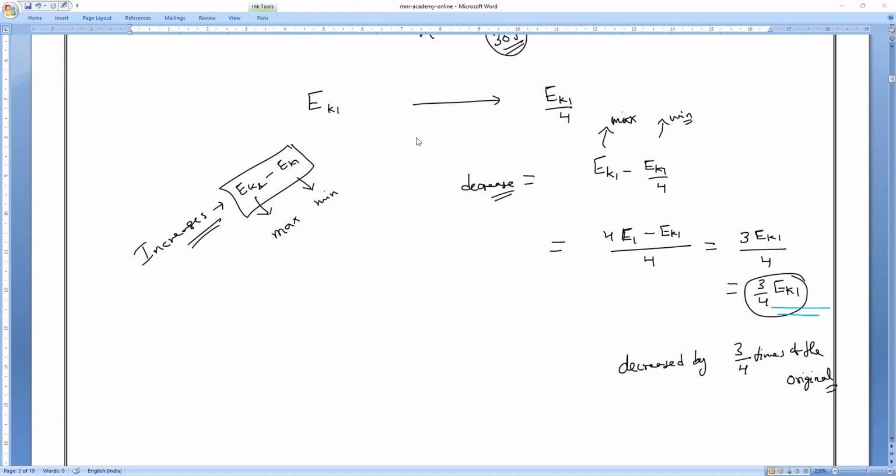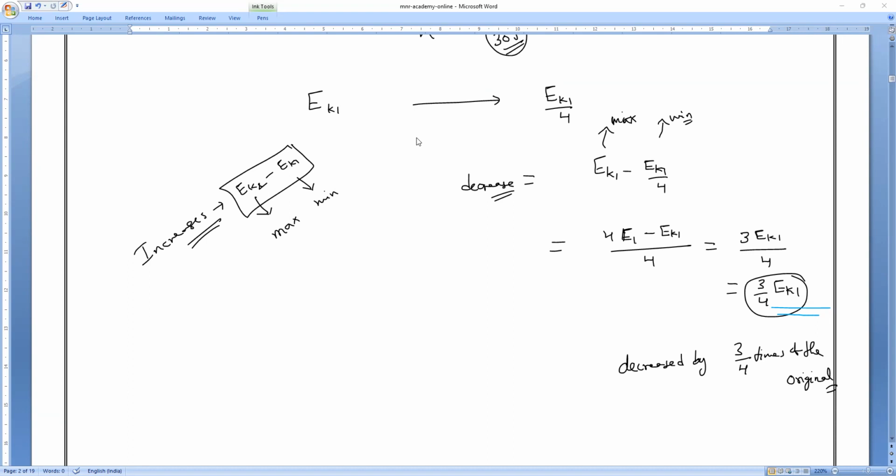Right, next question. A car and a bus are moving with the same velocity of 40 meter per second. If the ratio of their masses is 1:3, very, very important question.